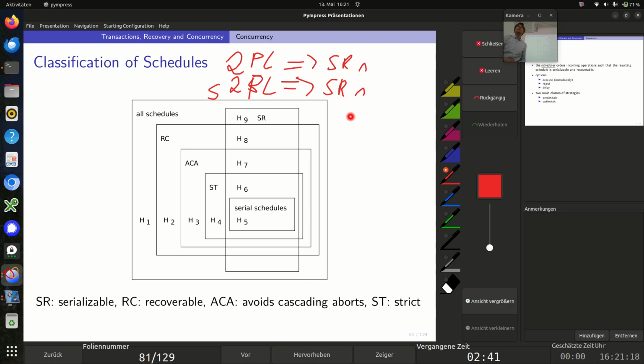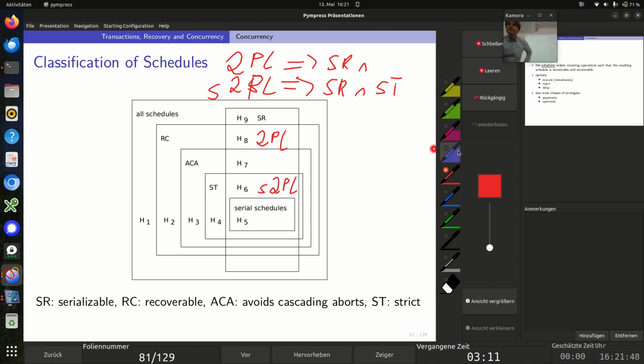And what was the difference between those two? Yeah? I'm not sure, but I think maybe one ensures strictness, and the other does just ensure the recoverability. Exactly, that's how it is. So here is the 2PL, and here is the strict 2PL.